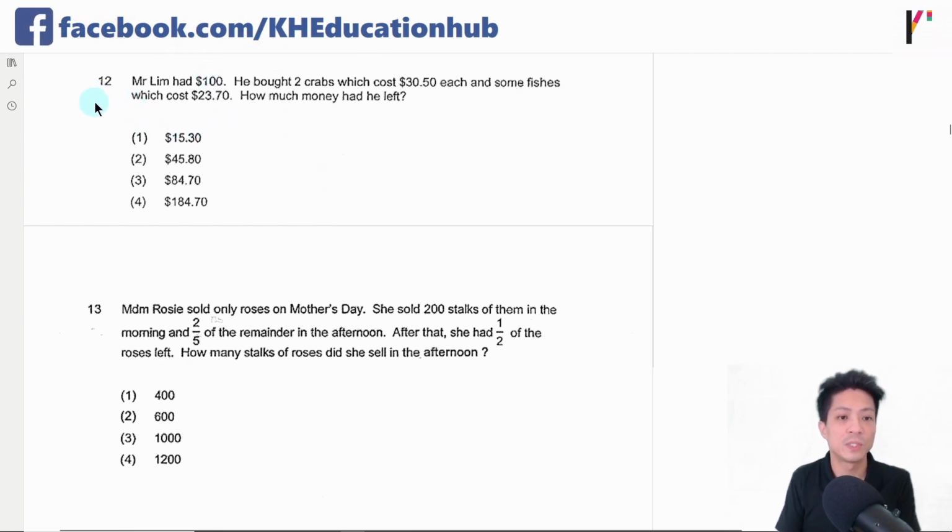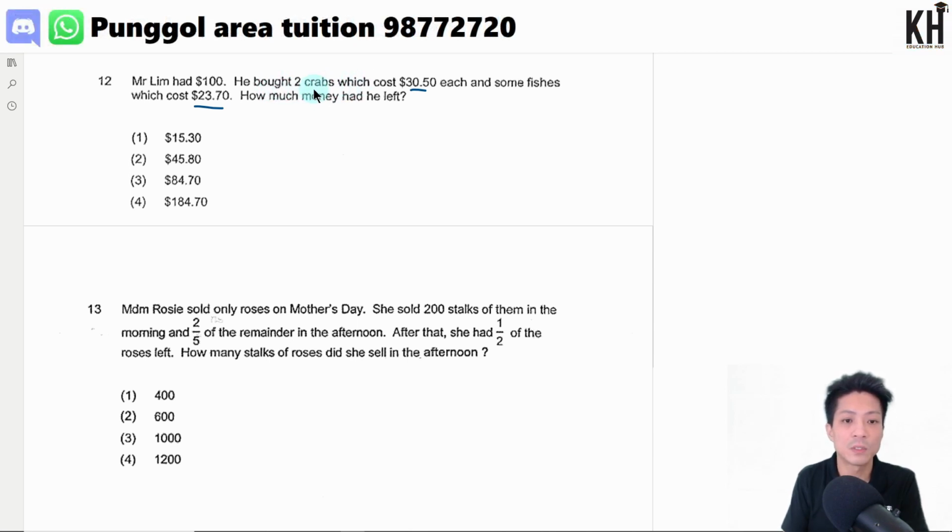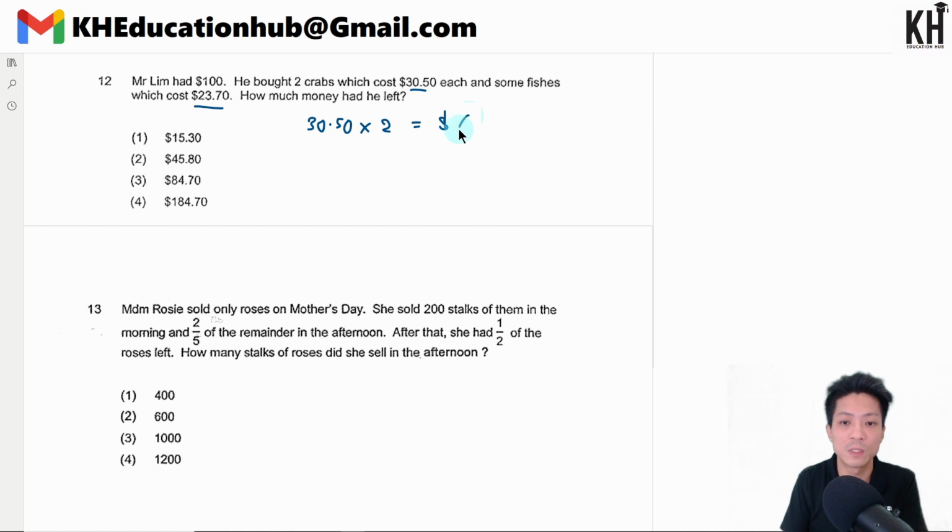Question 12. Mr. Lim had $100. He bought 2 crabs which cost $30.50 each, and some fishes which cost $23.70. How much money had he left? So he bought 2 crabs which cost $30.50 each. Times 2 will give you $61.